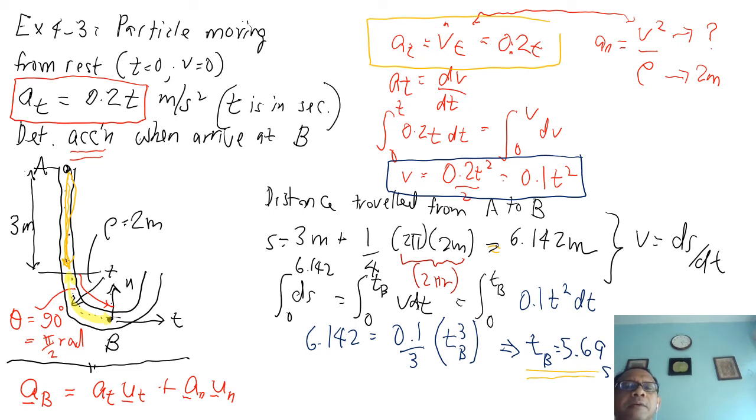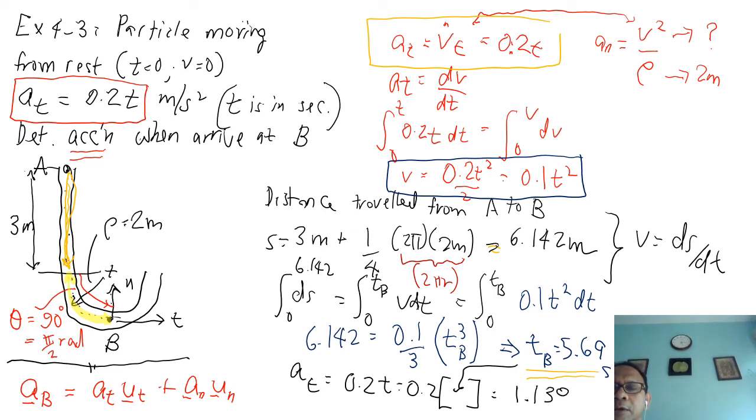So at B, we can find a_t equals 0.2 t, equals 0.2 times this value, and we will get 1.138 meters per second square. So that's your a_t.